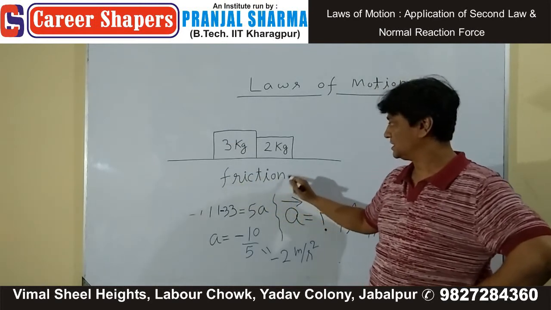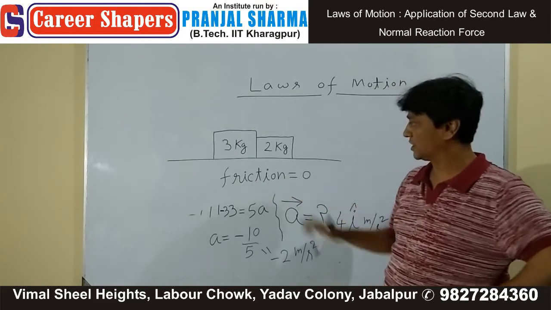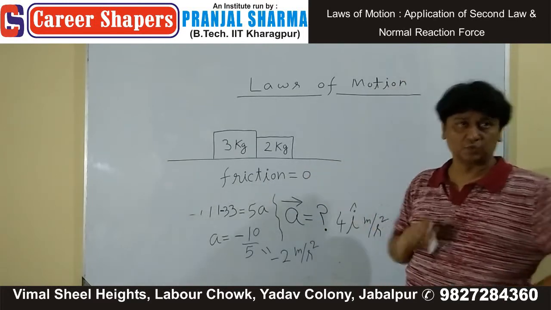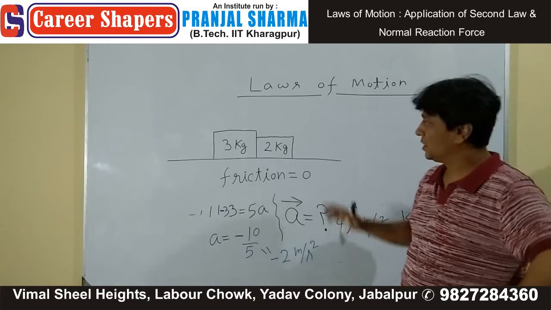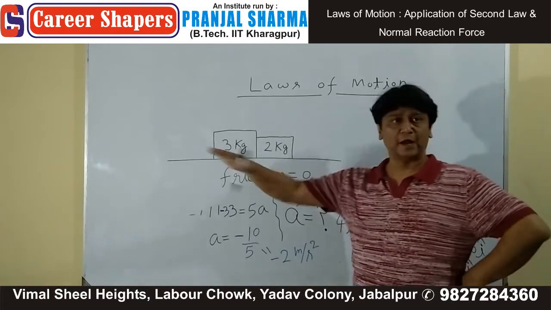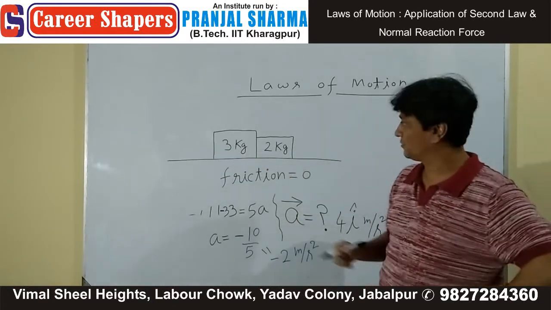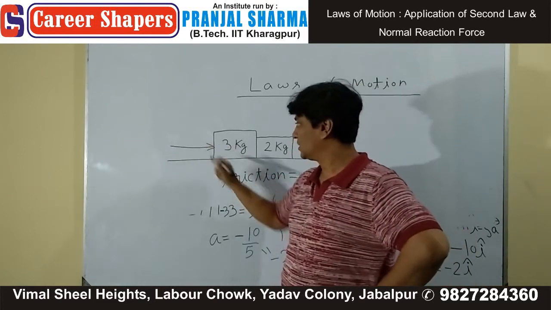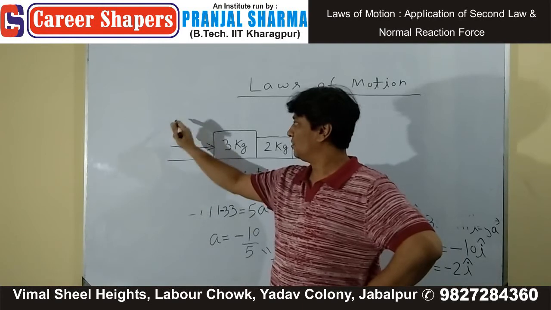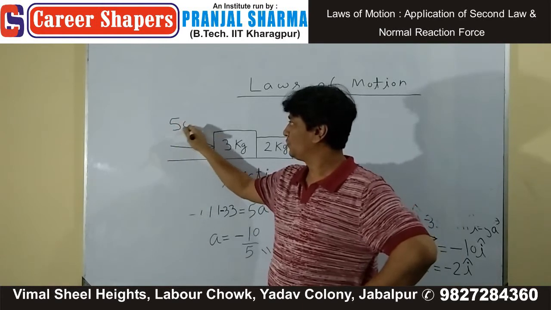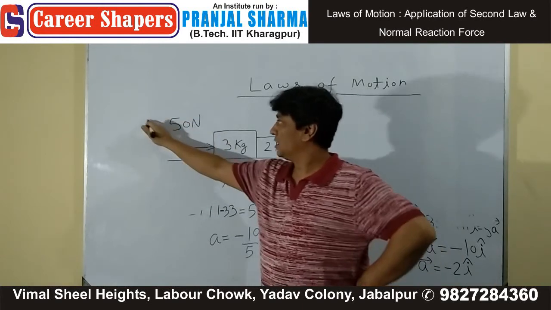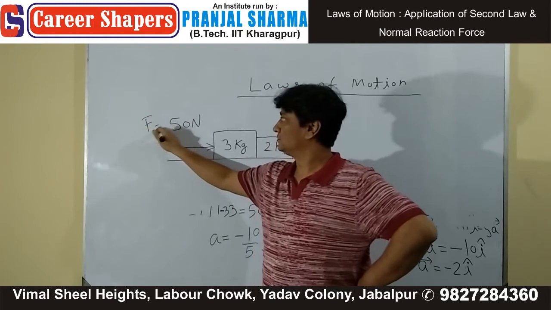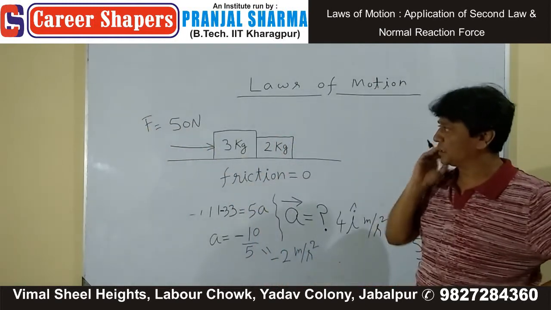We will not consider any friction. Friction in all the questions will be taken what? 0. So 3 kg and 2 kg are lying on a frictionless horizontal surface and this whole thing is being pushed in this direction with a force of 50 newtons. A force of 50 newtons is acting on 3 and 2.